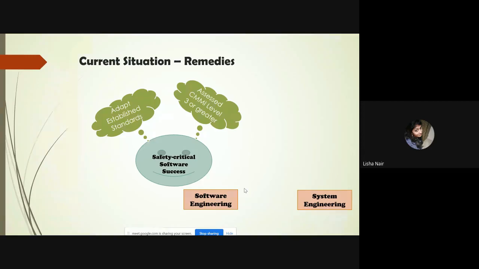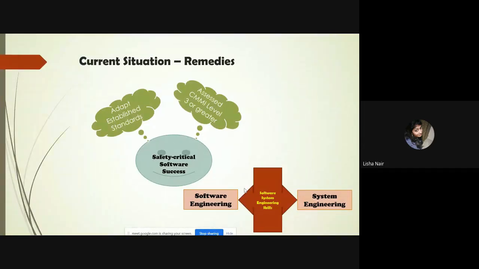So when you say software engineering and system engineering, the remedy is basically that you need to bridge the gap between software engineering and system engineering. How do you bridge the gap? By leveraging the right software system engineering skills.